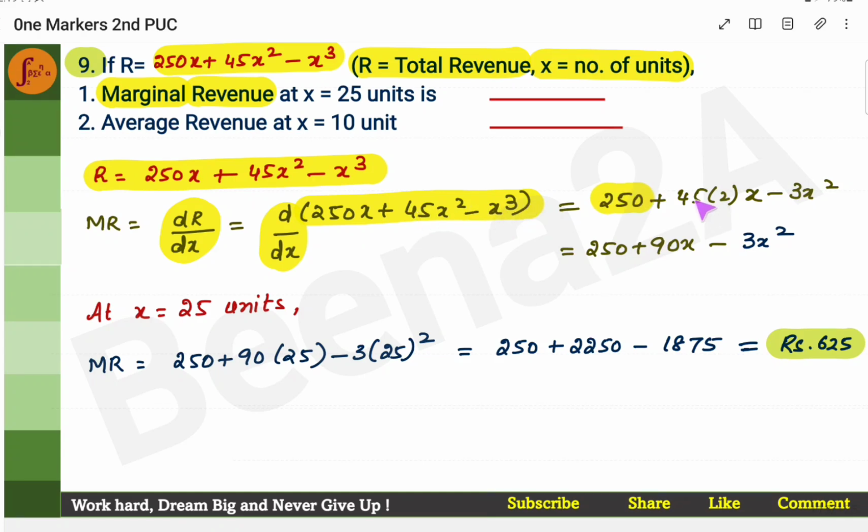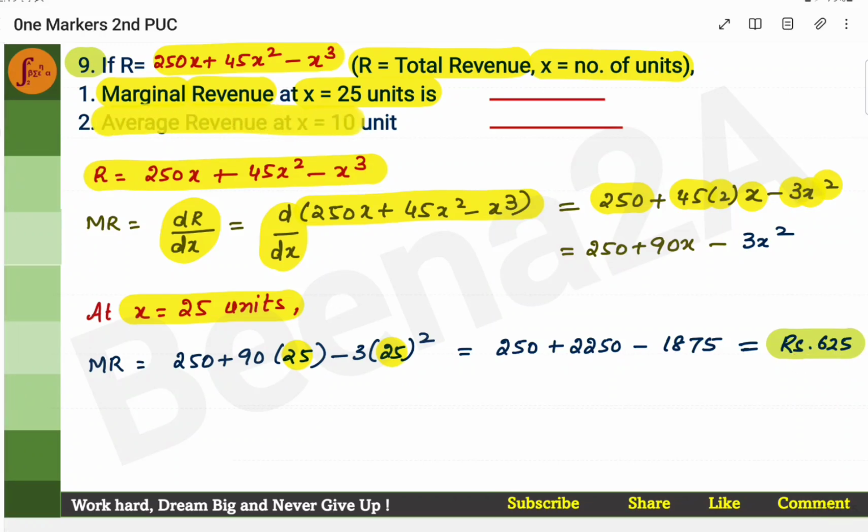Derivative of 45x square is 45 into 2 into x. And derivative of x cube is 3 into x square. Now you have the marginal revenue function. You have to substitute x as 25. Instead of x, put 25. You will get the answer as 625 rupees.